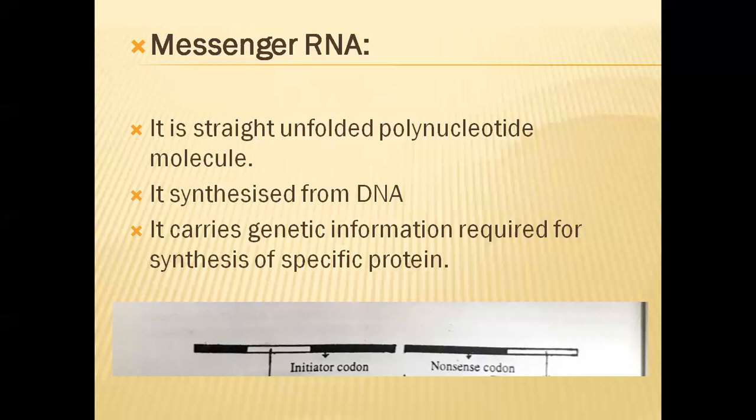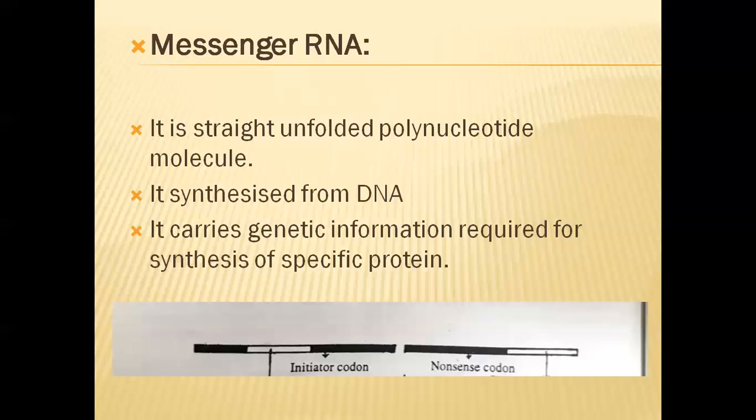Where did the genetic information come from? From DNA, because mRNA is synthesized using one strand of DNA as the template. This we call transcription, and it takes place in the nucleus.